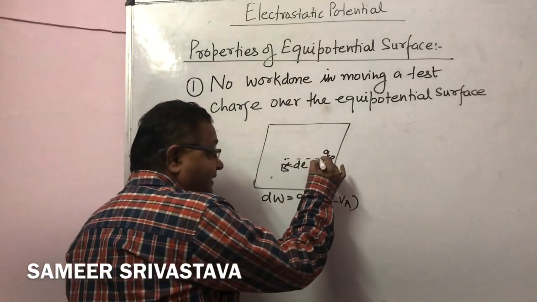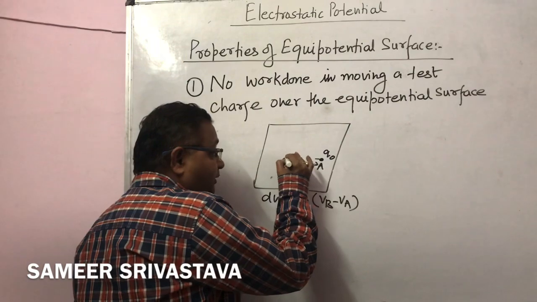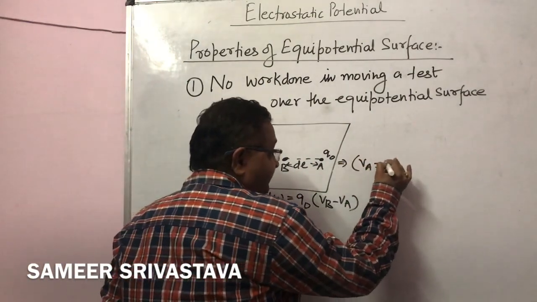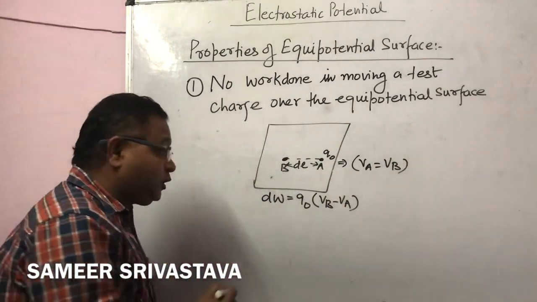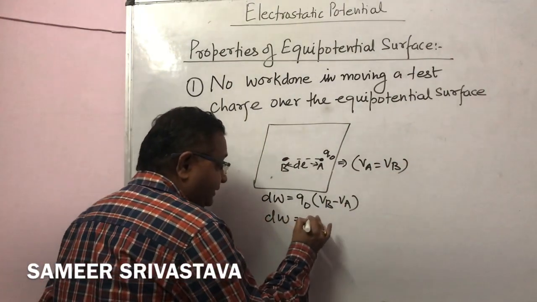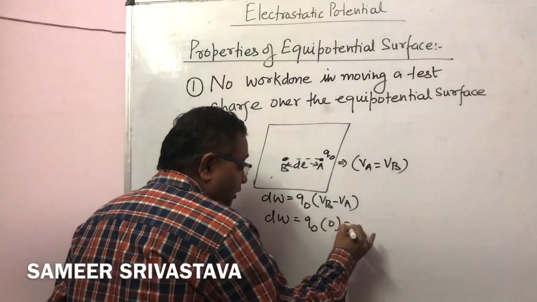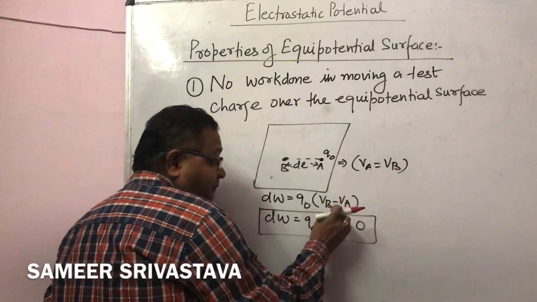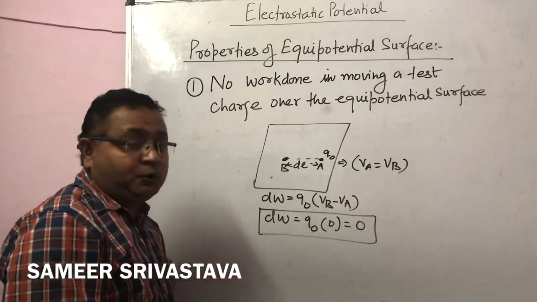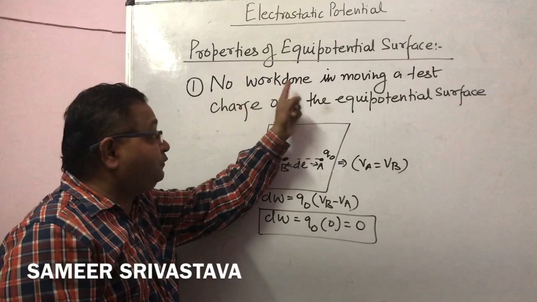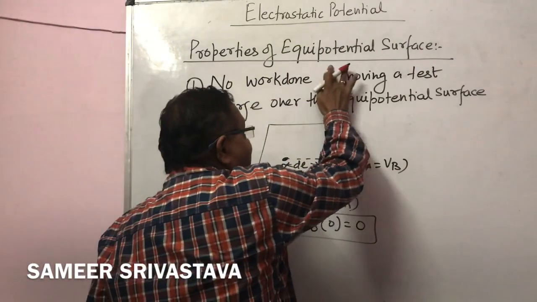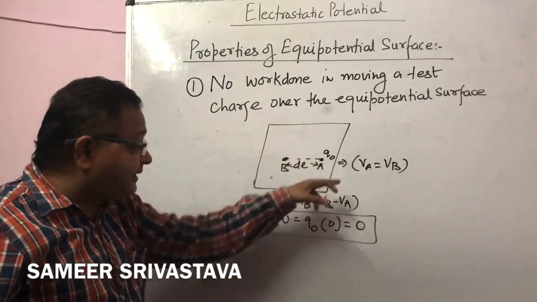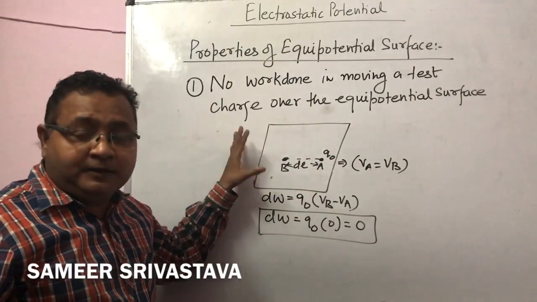It means the potential at point A is equal to the potential at point B, so VA equals VB. So the work done is Q naught into 0, which is equal to 0, because the difference becomes 0. That's why no work is done in moving a test charge over the equipotential surface. Hope the topic is clear.